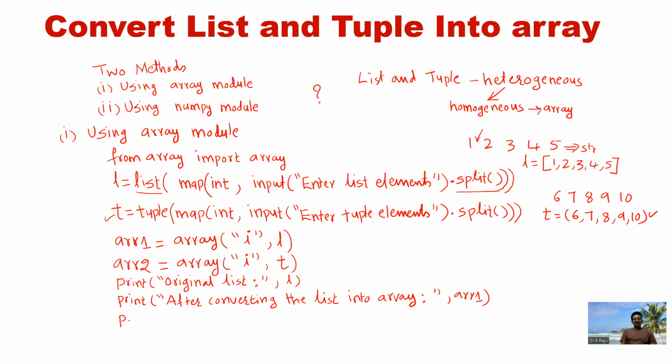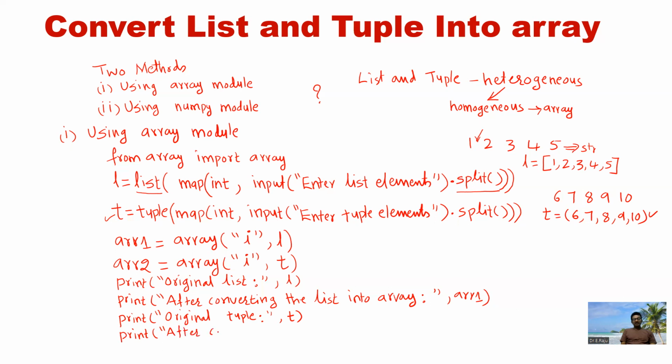Similarly, we can print the original tuple here. Now I can say original tuple, then specify the variable name here, comma, t. Then after converting the tuple into array, we'll print the elements here.